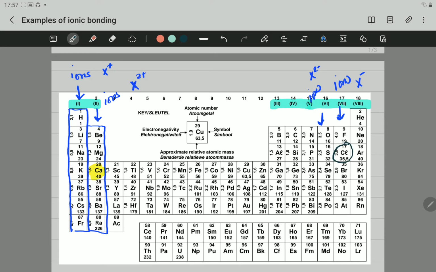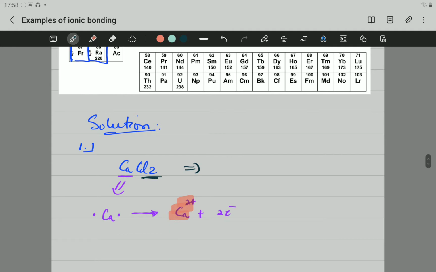It will have 7 valence electrons and will form a negative ion. You must have that in mind, because it will help you to determine if the answer is right or wrong. So we have chlorine, the symbol is Cl, and it has 7 valence electrons: 1, 2, 3, 4, 5, 6, and 7.